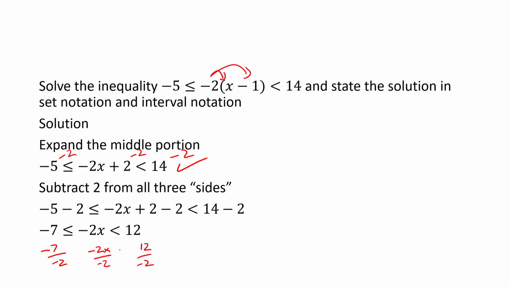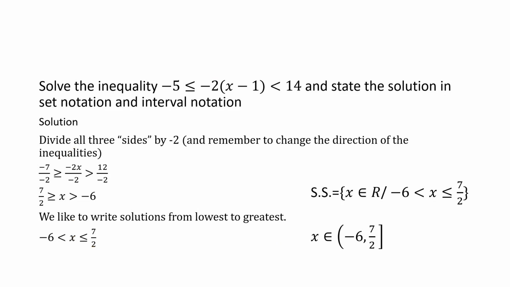But we are dividing by a negative, so we need to change this less than to a greater than, and we need to change this less than or equal to a greater than or equal to. So what ends up happening is we have 7/2 greater than or equal to x greater than -6, as we'll see on the next slide. 7/2 greater than or equal to x greater than -6.